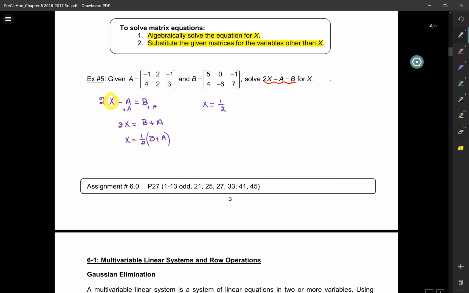Okay, so let's do that. X is equal to 1/2 B plus A. Well, what's B?